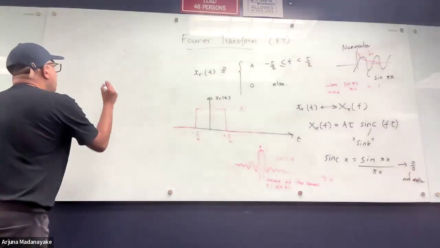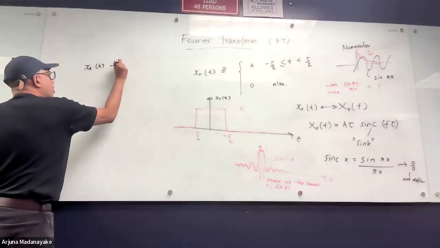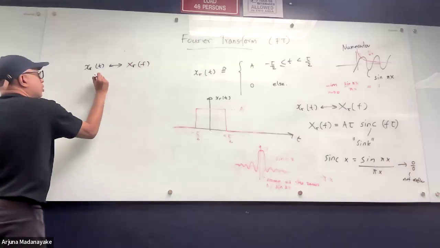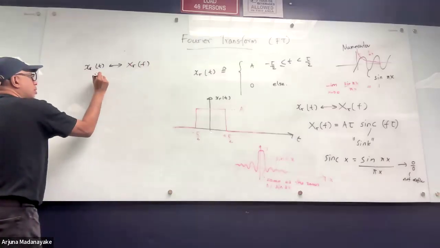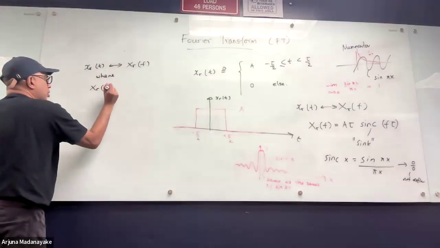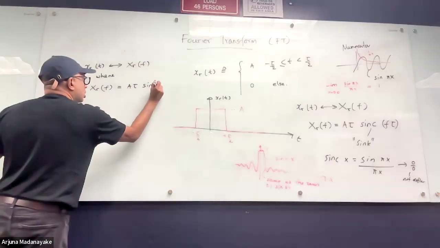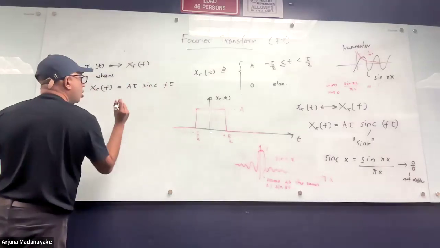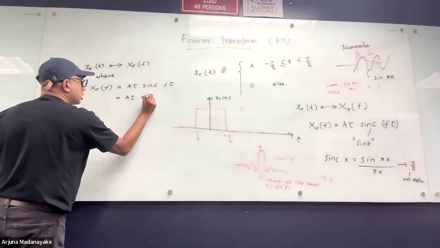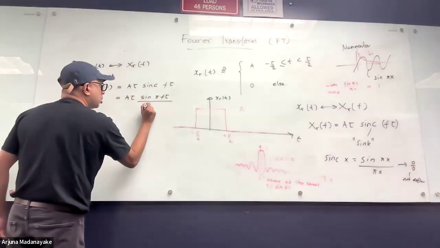So I can write that as a Fourier transform pair x_r of t and capital R of f, where capital R of f is equal to A tau sinc f tau, which is A tau sine pi f tau divided by pi f tau.